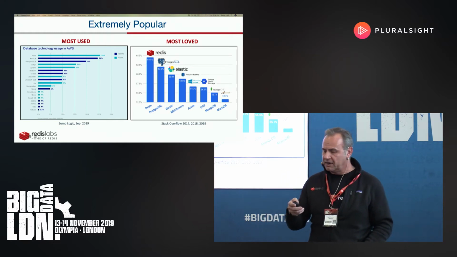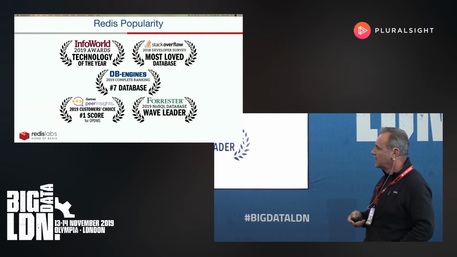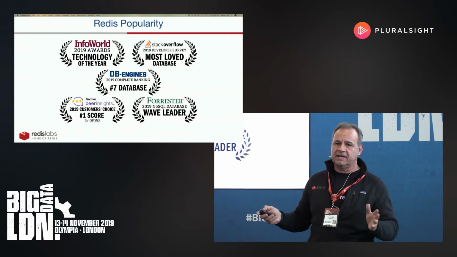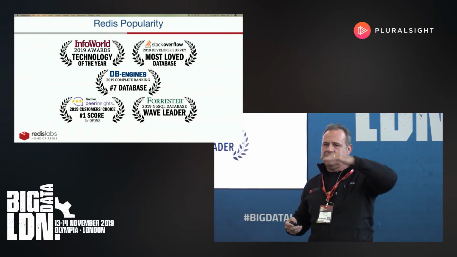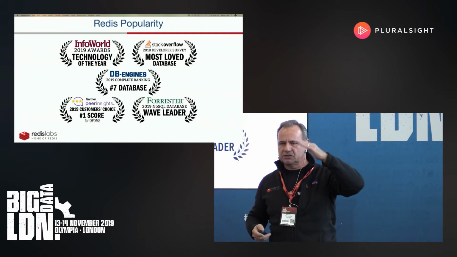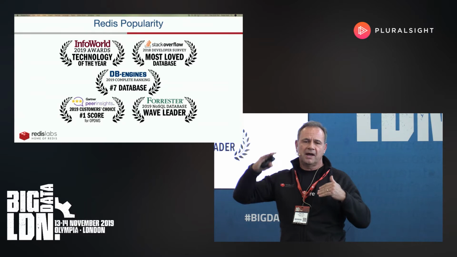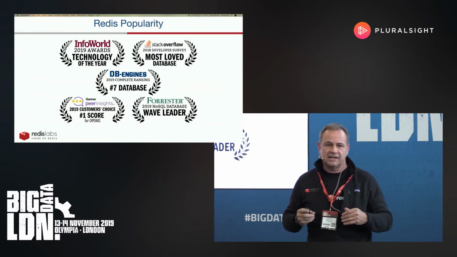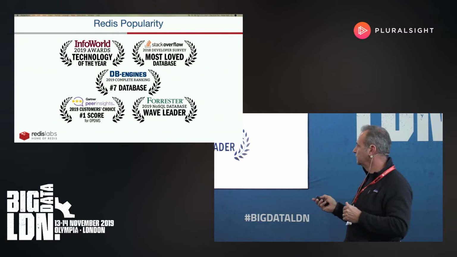So we're very popular and very liked across all organizations. There's a whole bunch of other accolades as well, which is lovely. One of the important ones is where we rank on the DB-Engines website, which shows you by popularity and usage where databases rank. Redis is in the top 10 right now, and has been for many years.